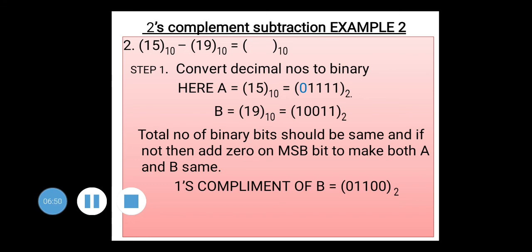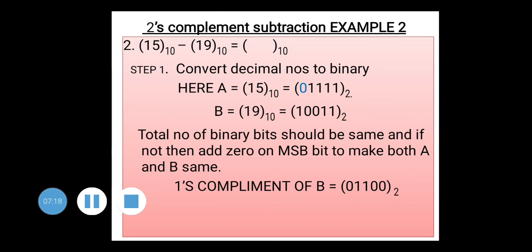The binary of B, 19, is 10011, which has 5 bits. B is 5 bits, A is 4 bits, so I have added 10, highlighted here in blue, in the MSB bit position so that both have the same number of digits. Both have become 6 bits now.